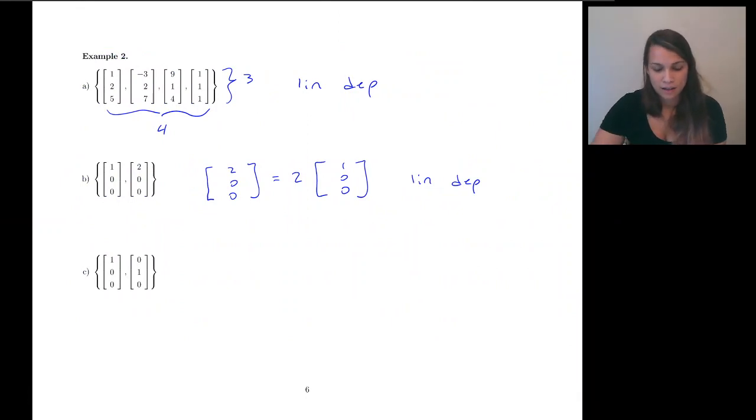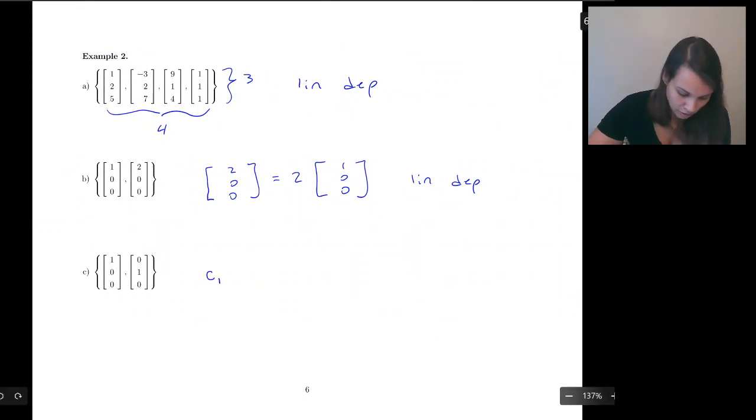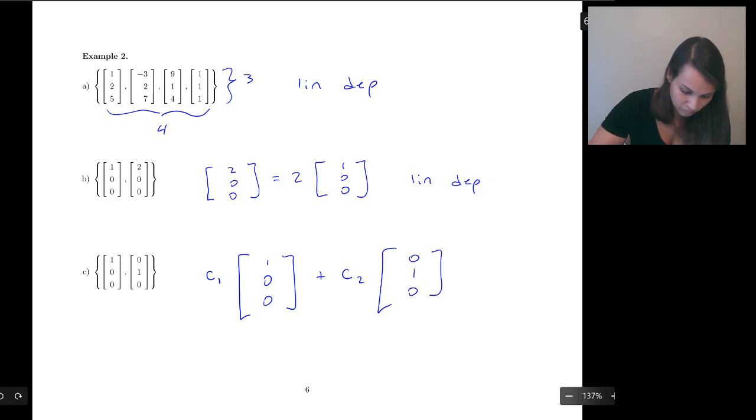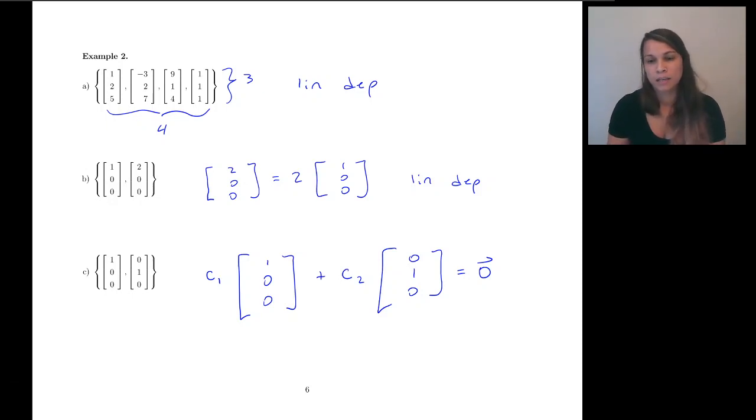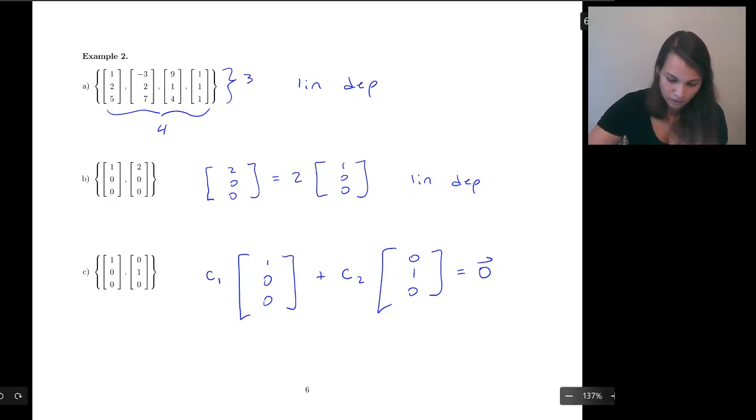And then we've got our final one, and you can see just by looking at it, if we write it out like this, the only way to get it equal to 0 is to have C1 and C2 both be 0 themselves, because this top row right here, this guy and this guy, the only thing that's going to affect them is this entry of 1 here.